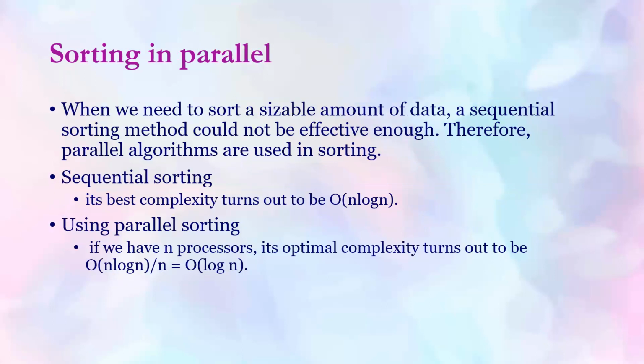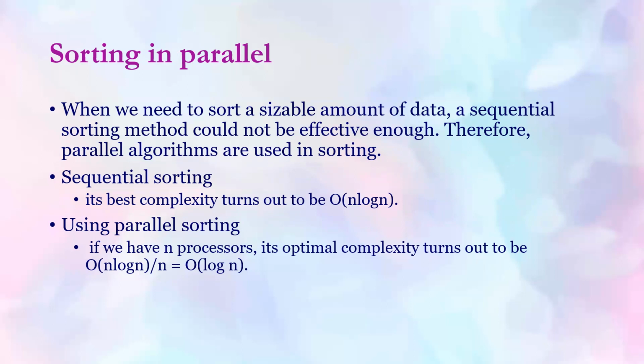Now, let us come to what we actually mean by sorting in parallel. When we sort an amount of data in a serial or sequential way, it is okay, but it may not be very efficient. Hence, if the same process can be done in a parallel way, obviously we are going to improve the efficiency, especially in terms of time complexity.